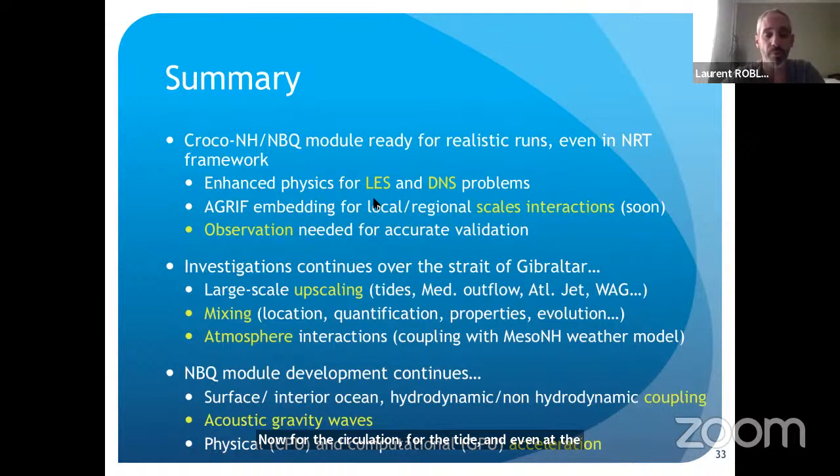From a development point of view, the future evolution will concern the surface and inner ocean hydrodynamic, non-hydrostatic coupling. Also the bottom interface condition, as we want to study acoustic gravity waves, as well as some physical and numerical acceleration of the code, in particular using GPU.